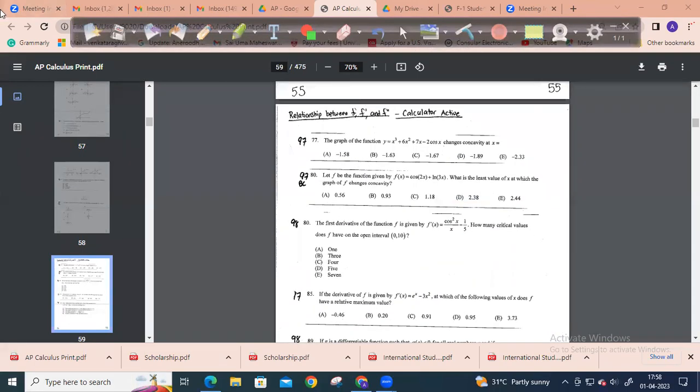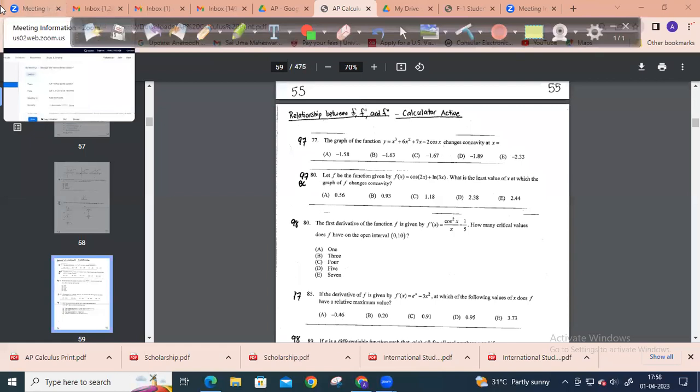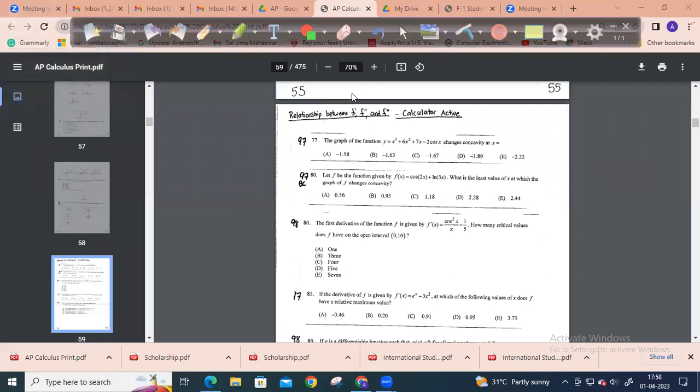These questions require calculators. Definitely there will be questions where you require a calculator. You cannot do this without a calculator. They're asking where the function changes its concavity.